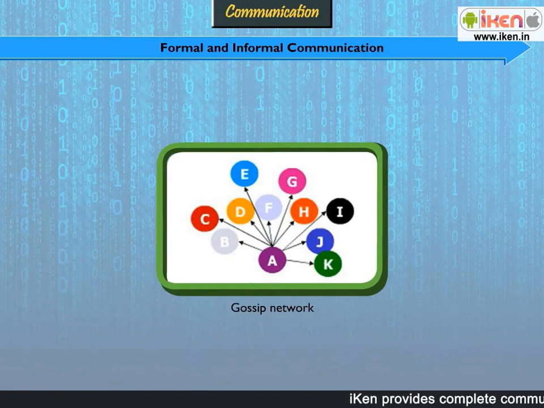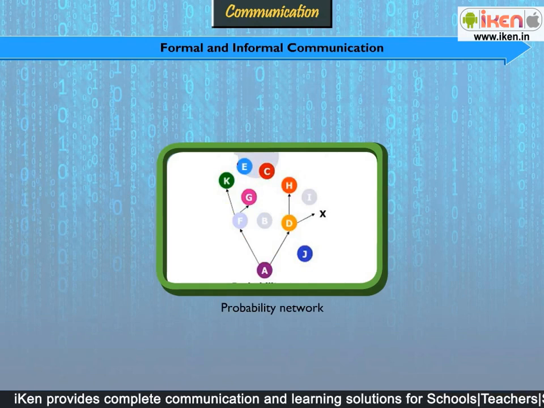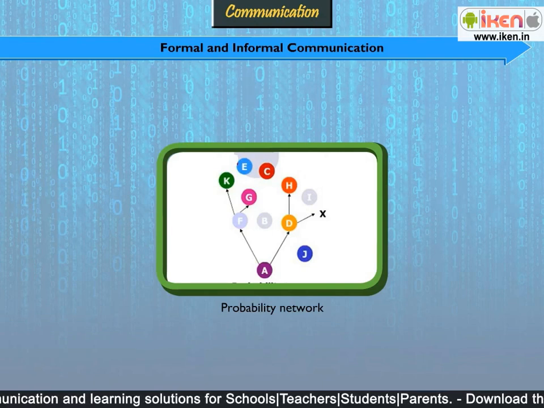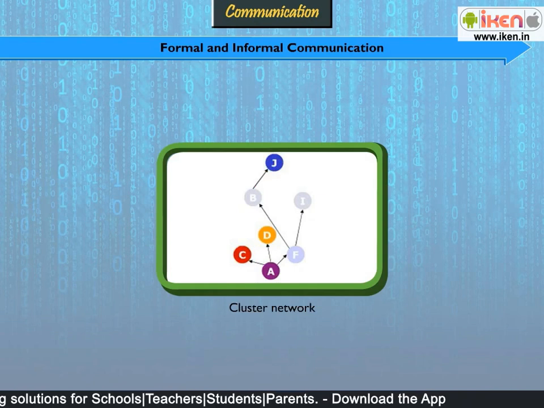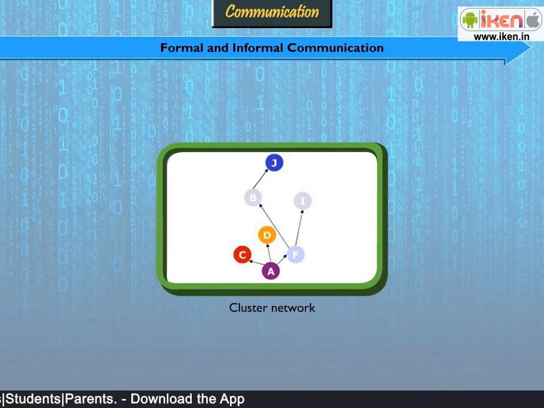Gossip network, which permits each person to communicate with all on a non-selective basis. Probability network. In this network, people communicate randomly with other individuals. Cluster network that allows an individual to communicate with only those whom he trusts.